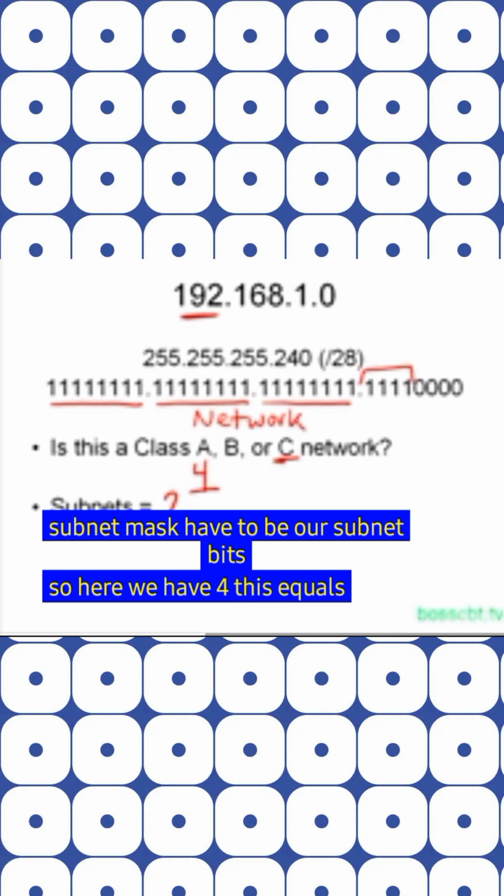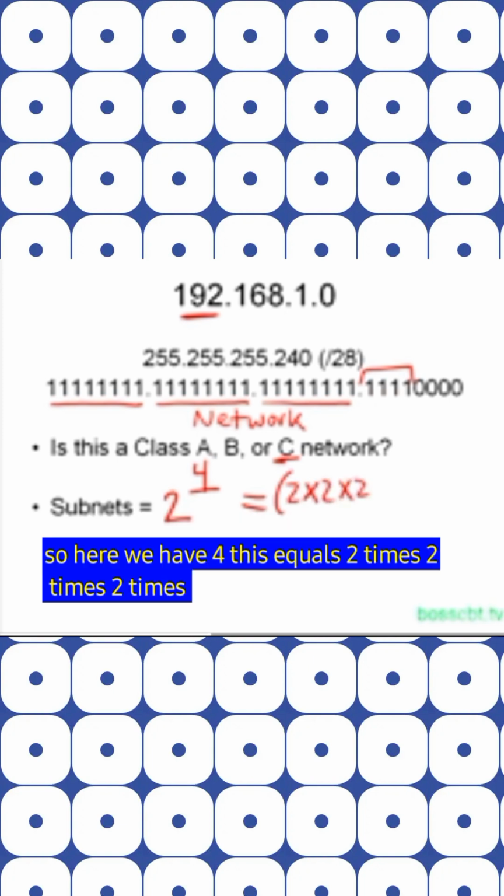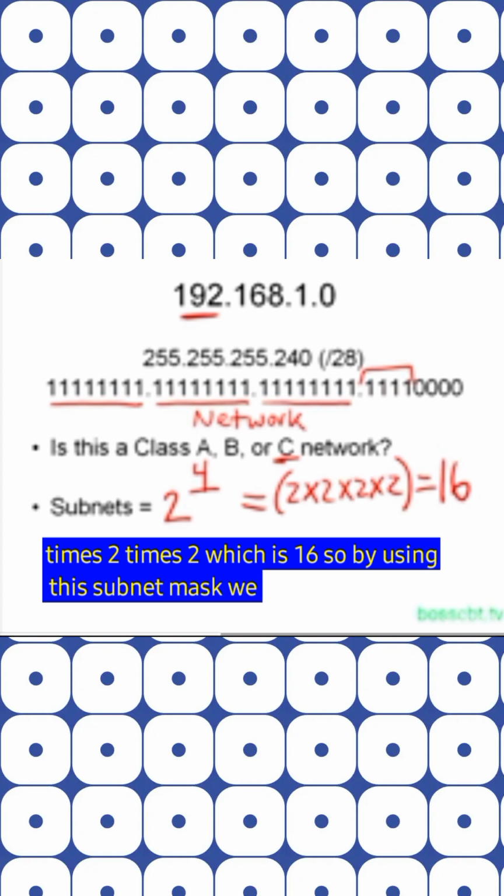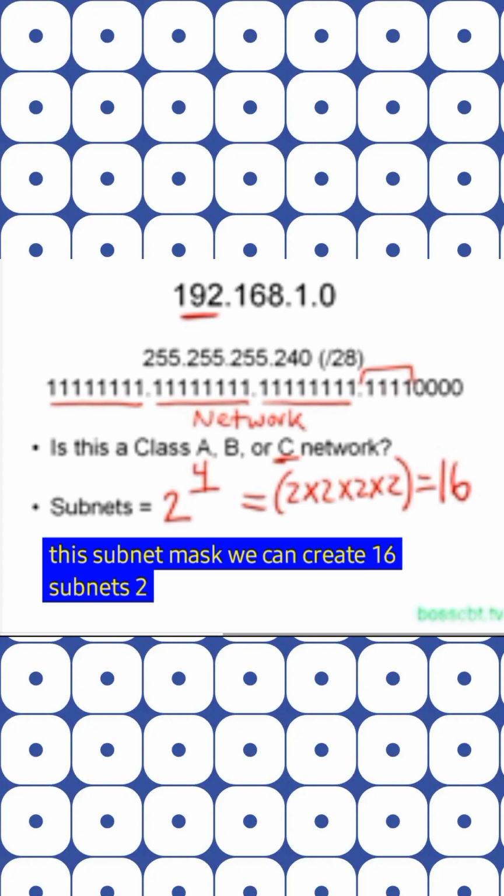This equals 2 to the power of 4, which is 2 times 2 times 2 times 2, equals 16. So by using this subnet mask, we can create 16 subnets, 2 to the power of 4 for 4 subnet bits.